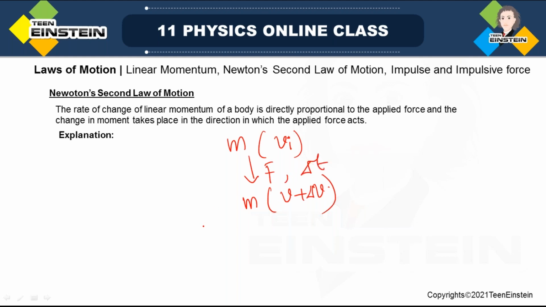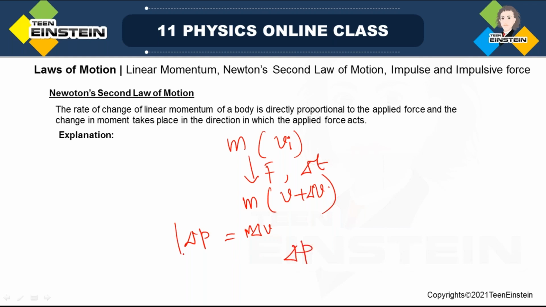So the change in the momentum will be m delta v. Now what is the time rate of change?